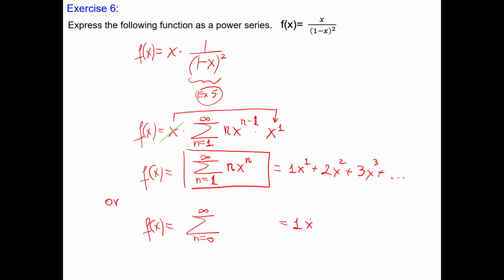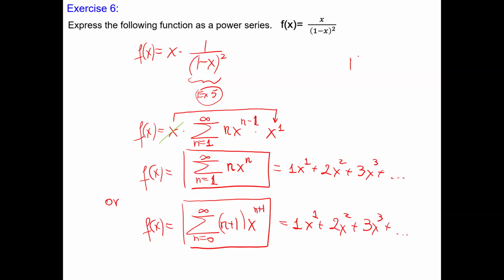That means 1 x to the power of 1. Then I need n plus 1, because n will be 0. 0 plus 1 is 1, and n plus 1. Okay, and then we will have exactly the same. That's how you can always double check. Okay, and the interval is the same. That's good, yes, good practice of the power series representations of a certain function.